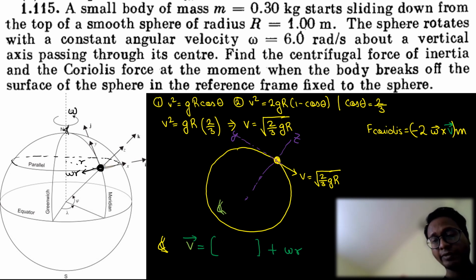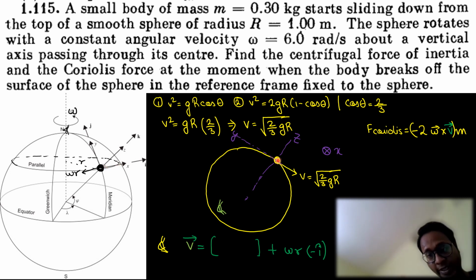The x-axis in this diagram is inside the plane of paper. This is positive x-axis. So your omega r vector is in negative x-axis, no? Positive x-axis is in this direction, velocity is opposite to the positive x-axis. So this omega r would be equal to minus i cap. Why minus i cap? It is opposite to the positive x-axis.